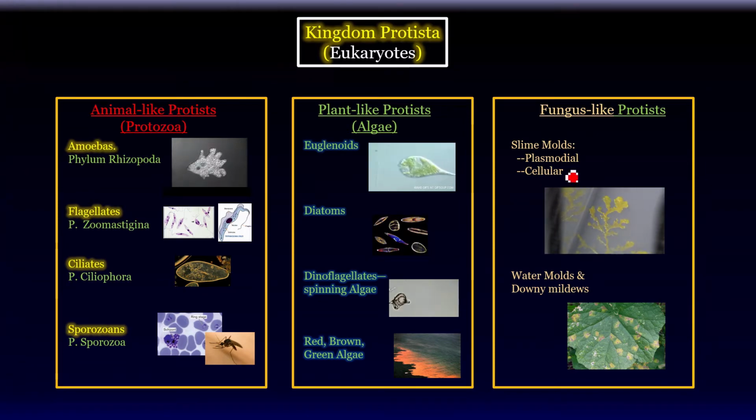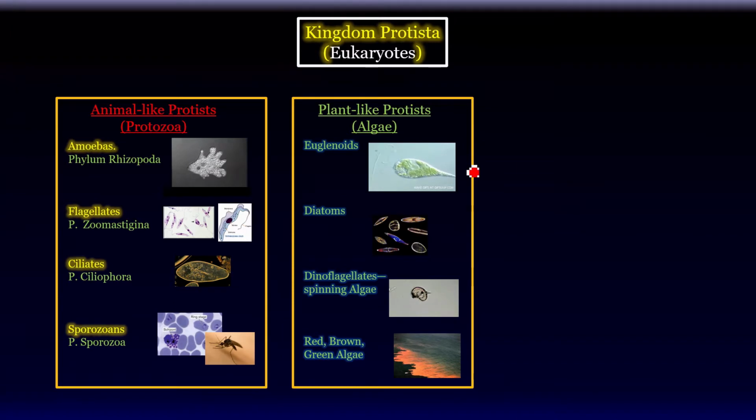The fungus-like protists, as you can imagine, have some characteristics of fungi, and the characteristic of fungi is that they produce spores and they eat dead material. They are heterotrophs.